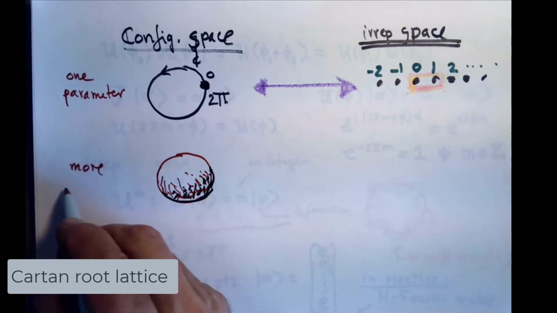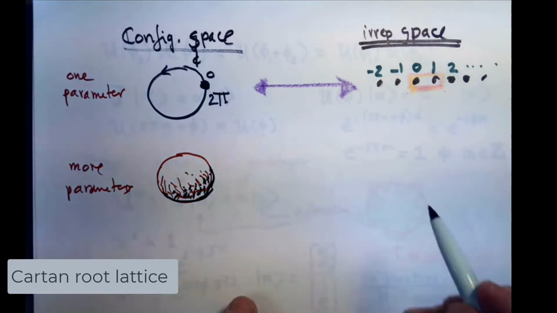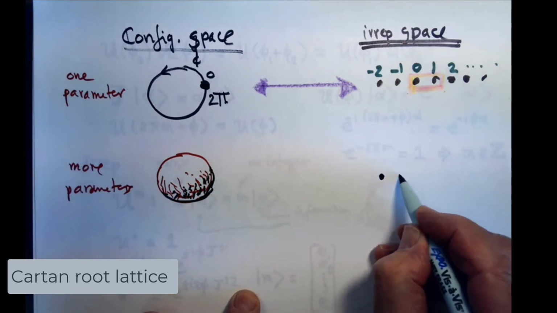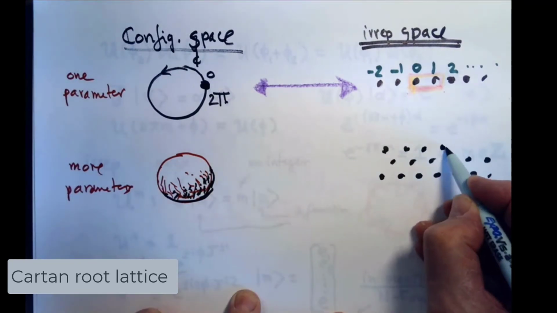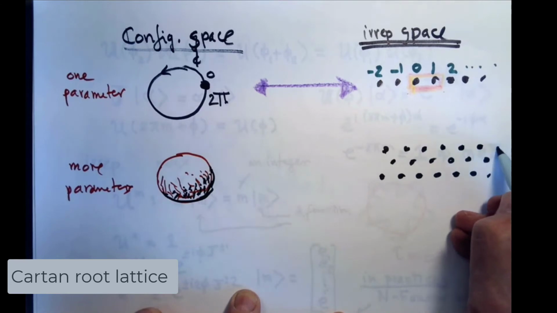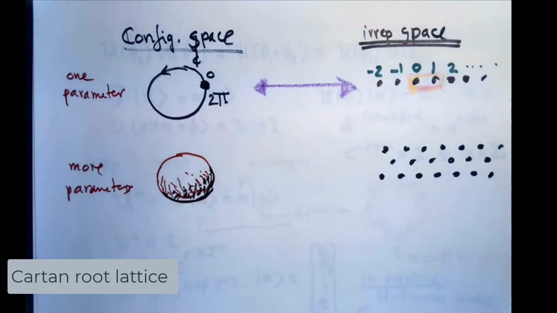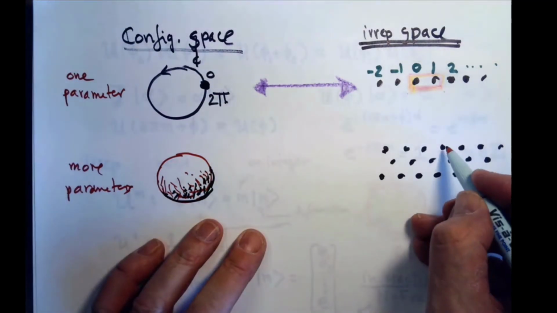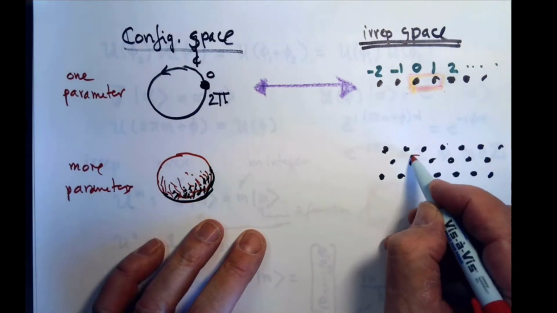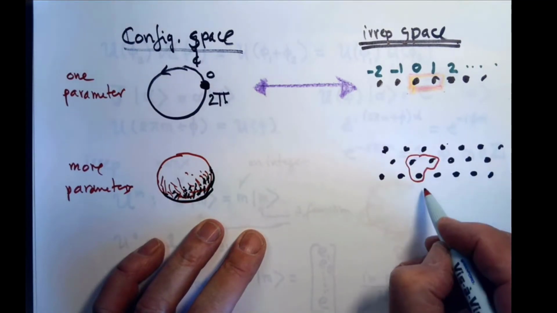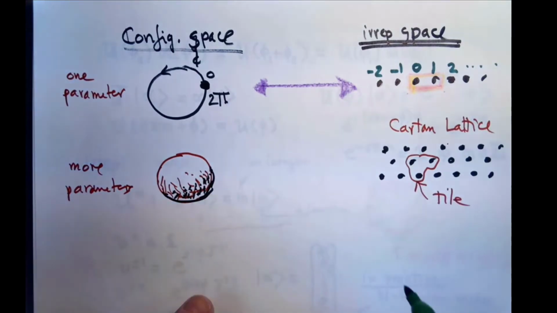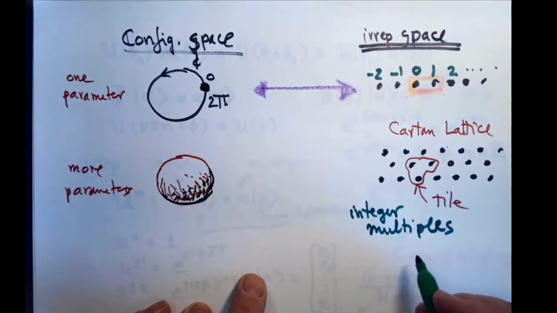So with more parameters, in a dual space we'll get a lattice that goes in various directions. It's kind of like the lattices we have already seen when we discussed space groups, but not quite that kind of lattice. It's called a Cartan lattice. And if you're able to understand the basic tile, integer multiples of it label the representations.